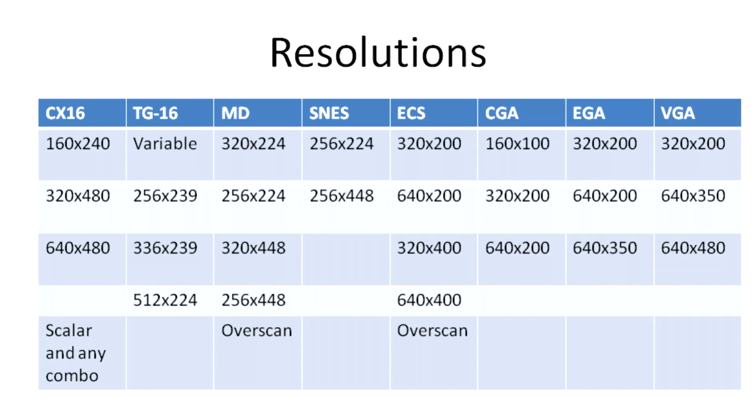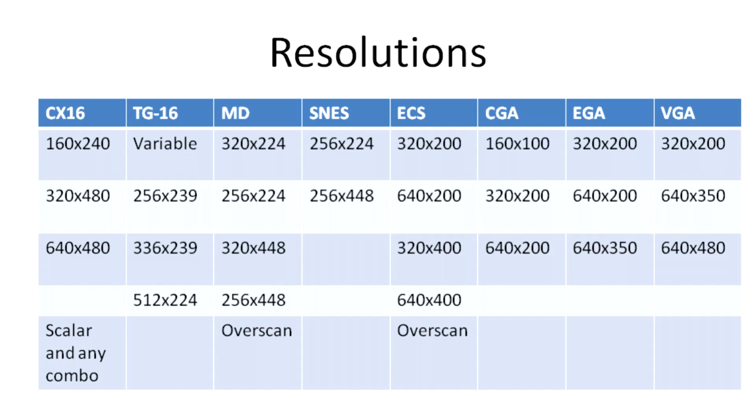The ECS is 320 by 200, 640 by 200, and 320 by 400, 640 by 400, again as they're interlaced, and of course the Amigas have overscan. CGA, you have 160 by 100, 320 by 200, 640 by 200. EGA, 320 by 200, 640 by 200, and 640 by 350.